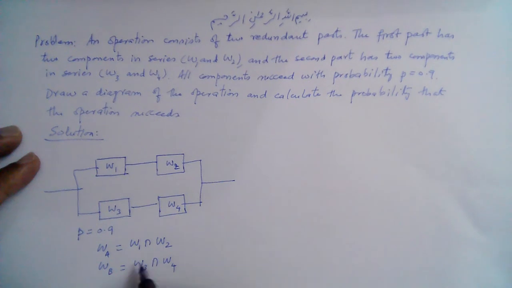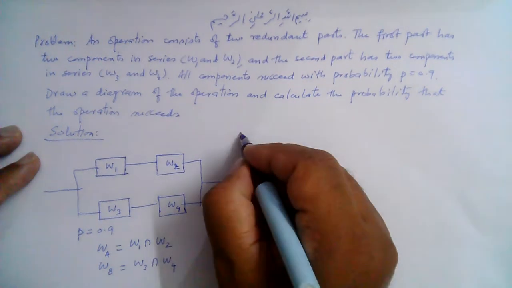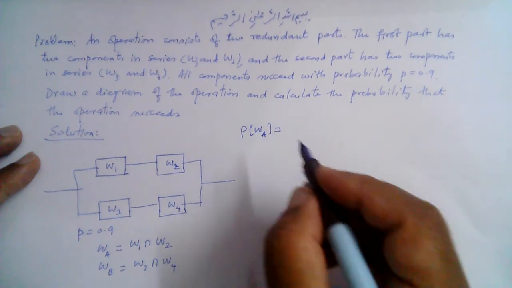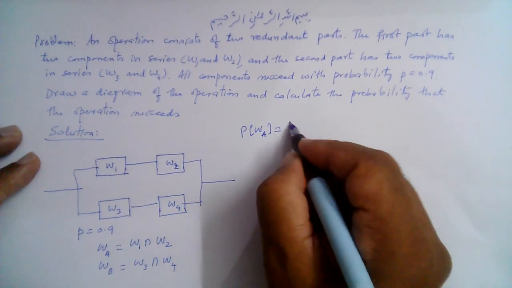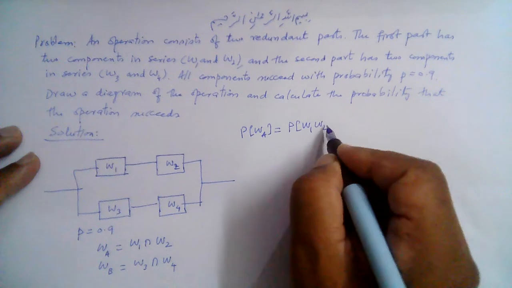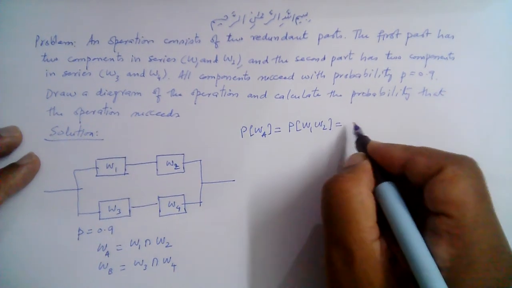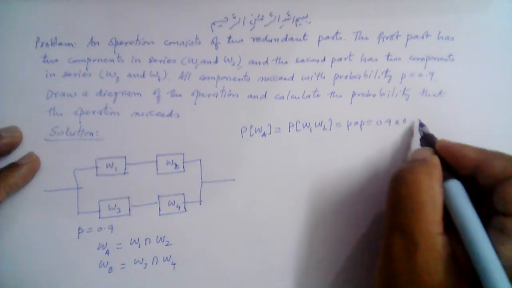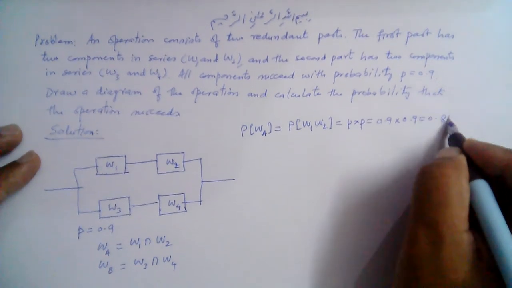So the probability of WA, P(WA), is the probability of W1 and W2, that is P multiplied by P, that is 0.9 multiplied by 0.9, that is 0.81.